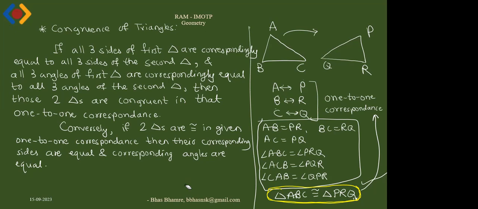Is there any mistake in my writing? No, it's okay. Those words sound almost equivalent, congruence and correspondence, so many times we jumble them up. So I think it is a little bit important to have the one-to-one correspondence.